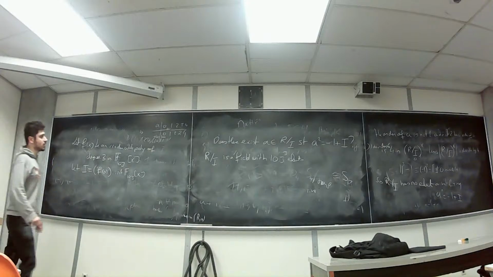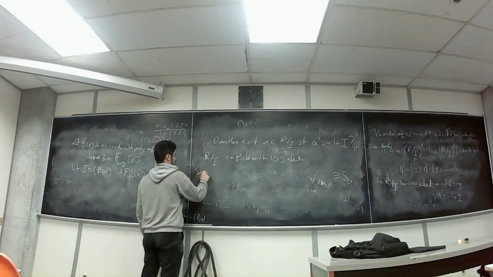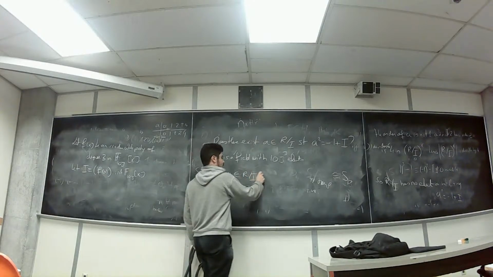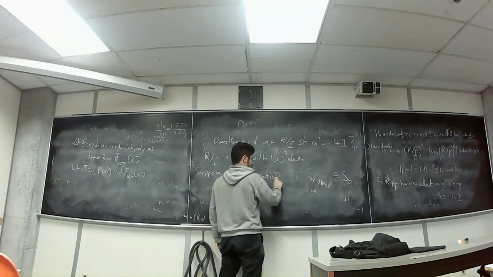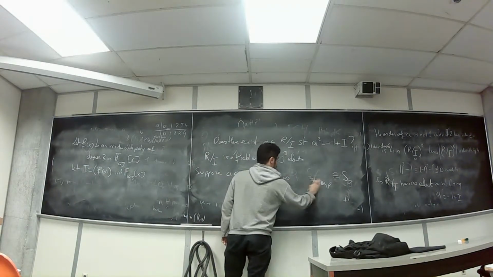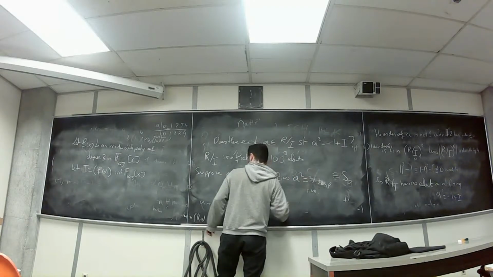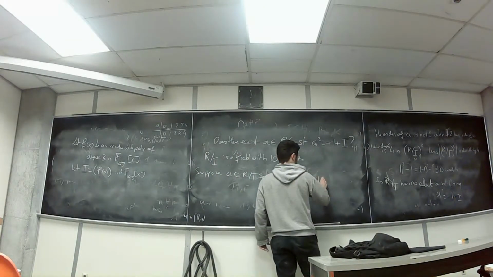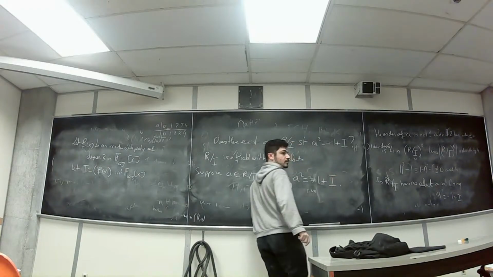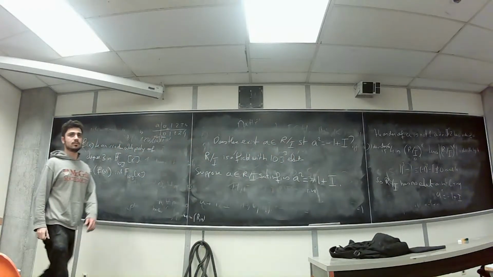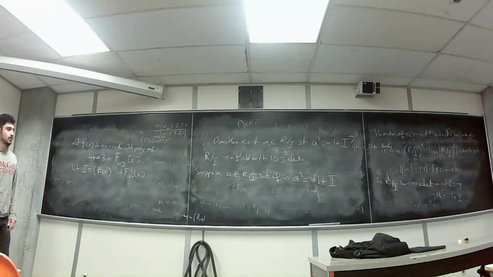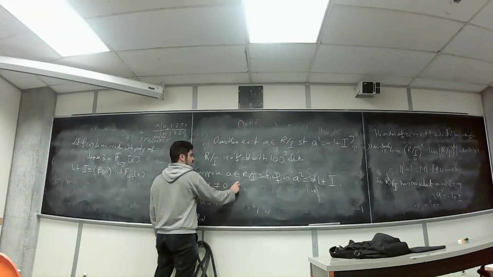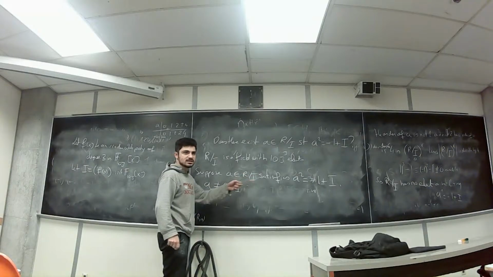Now, suppose there exists a in R mod I such that a squared is -1 plus I. Is a equal to 0? No, a is different than 0 in R mod I. What is the 0 in R mod I?